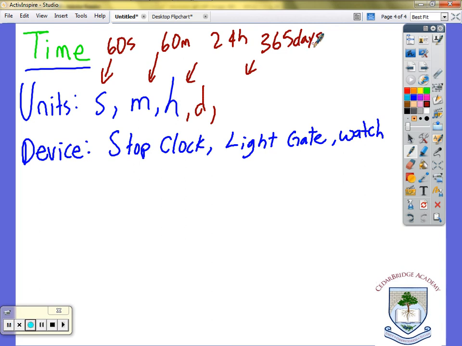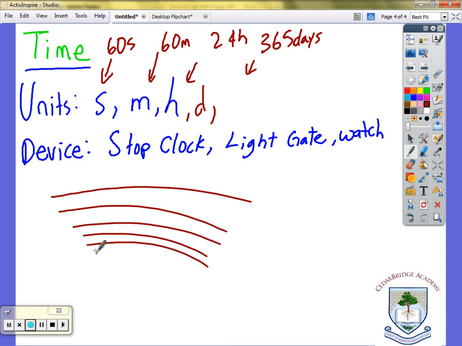I don't know. But with time, we run into the exact same issue that we have with measuring small distances. If I told you to measure how long it takes me to draw this line, you wouldn't really be able to time it. So what you would say is, hey, don't just draw the line, draw 10 of them. When your mark is set, go. 1, 2, 3, 4, 5, 6, 7, 8, 9, 10.